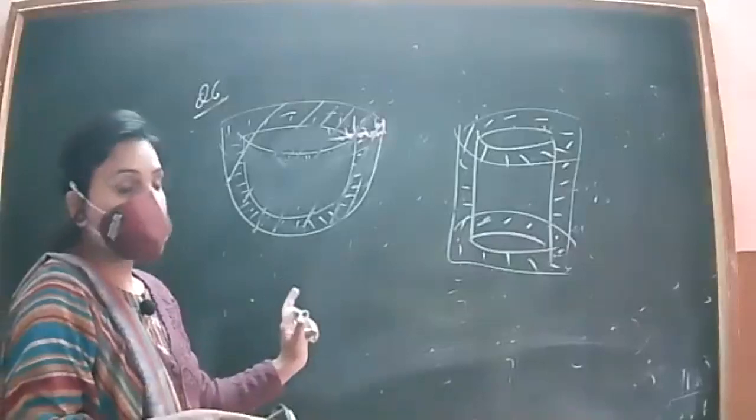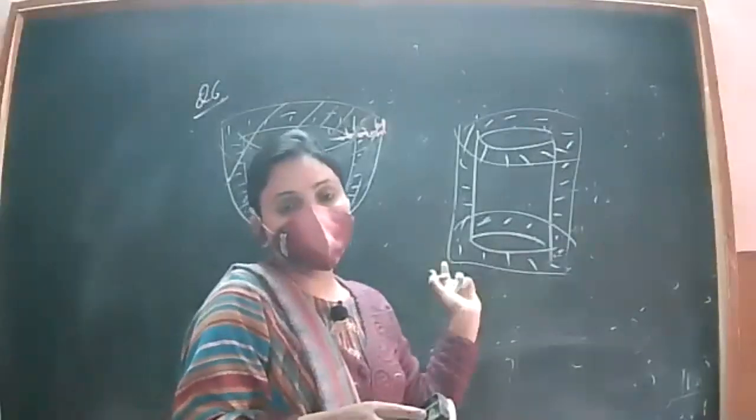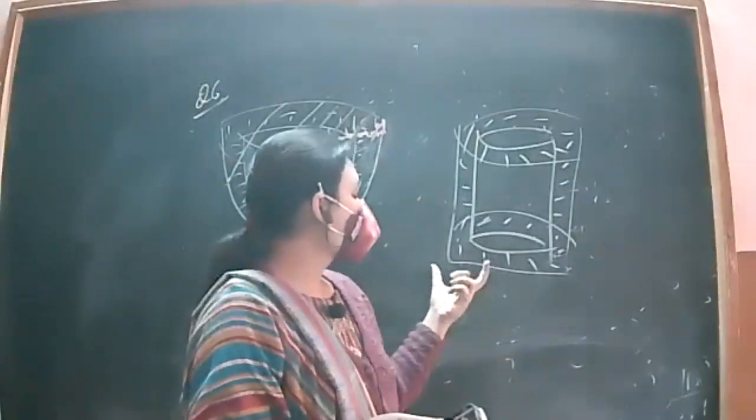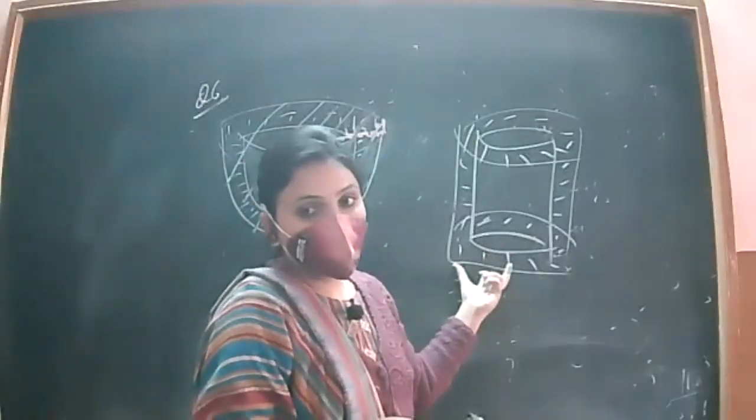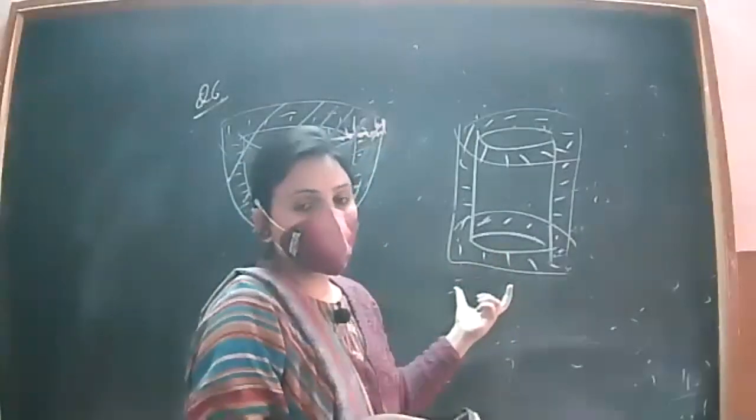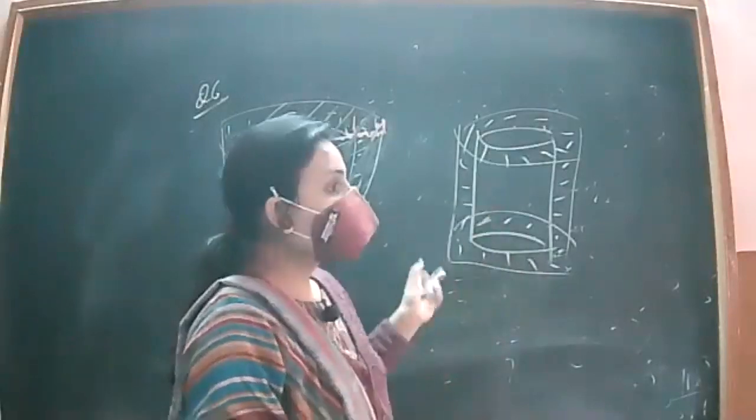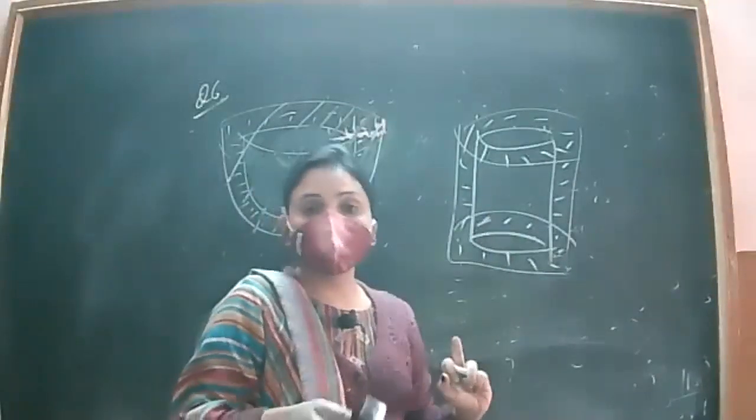So it is the same concept that we have learned in the case of the hollow cylinder, that the volume of the wood or steel or the iron that has been used to make the hollow cylinder was outer cylinder's volume minus inner cylinder volume. Same is here.